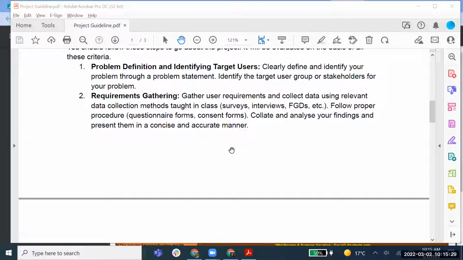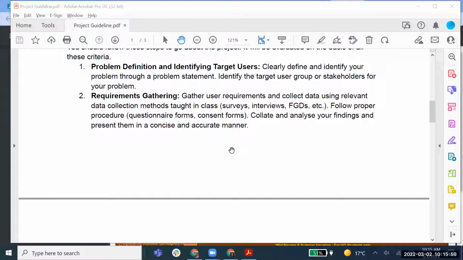So definitely the first part can be done. For the second part, requirement gathering, we can narrow it down so that they could just consider, say, 1 survey and 1 interview. We can say a survey with 10 participants and interviews with 5 participants, something like that. Or we can break the second one also into 2 parts. You can only conduct 1 survey for the first deadline, but for the second deadline, you would also be expected to have some interviews.